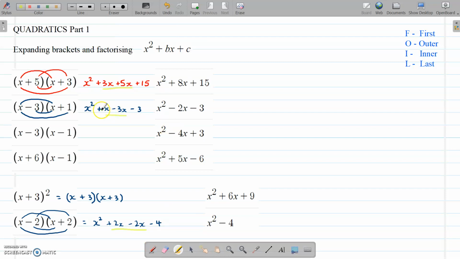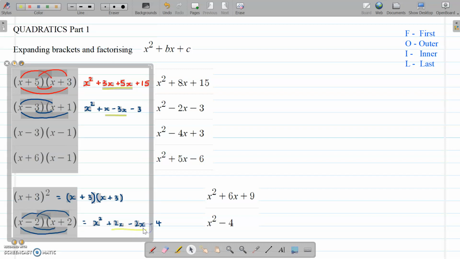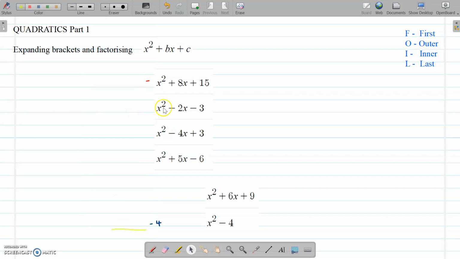So what I'm going to do now is move away the stuff from the left here that we've done. Let's take that out, and what we're going to do is concentrate on the original expressions without the brackets, which are showing on the screen now.